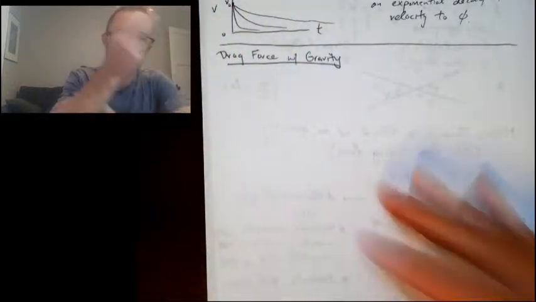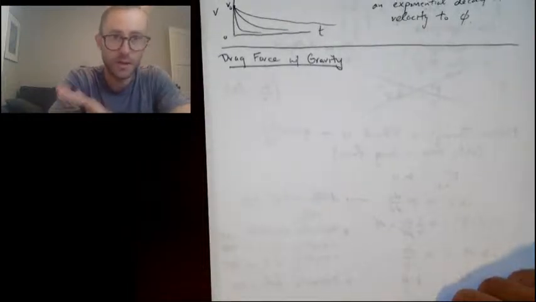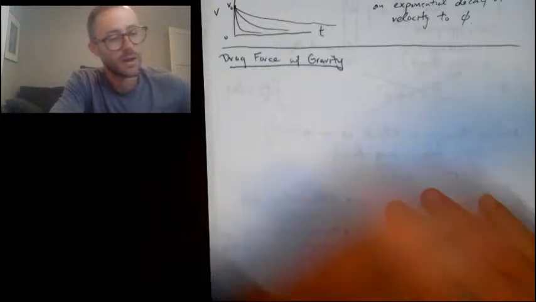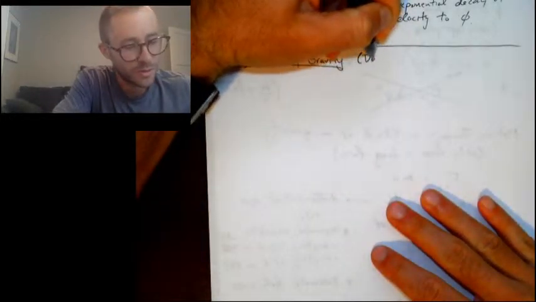So that means we're going to have two forces. We're going to have the weight force and we're going to have the drag force simultaneously. Okay? For this example, we are going to choose downward is positive.